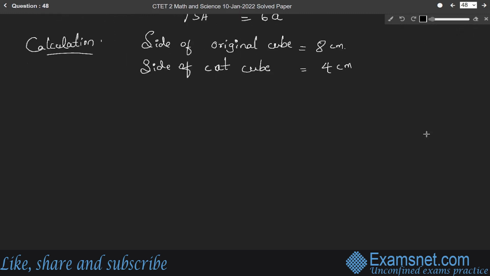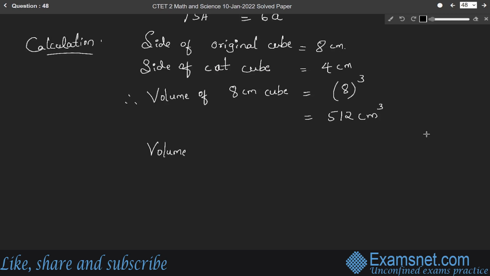Therefore, volume of 8 centimeter cube or original cube is equal to 8 cube of its side, which is equal to 512 centimeter cube. Volume of 4 centimeter cube. So the cube which is cut.